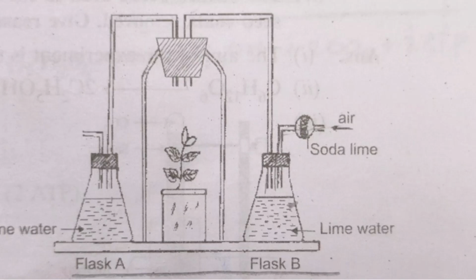Now one more thing to mention, whenever you do this experiment, make sure you cover your bell jar with a black cloth so that photosynthesis does not occur. Because when photosynthesis occurs, it will use carbon dioxide and the experiment will fail.